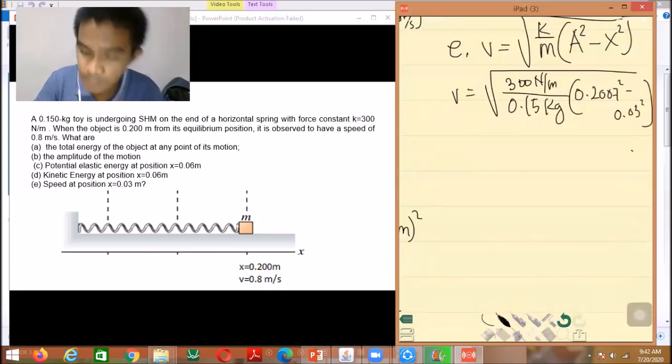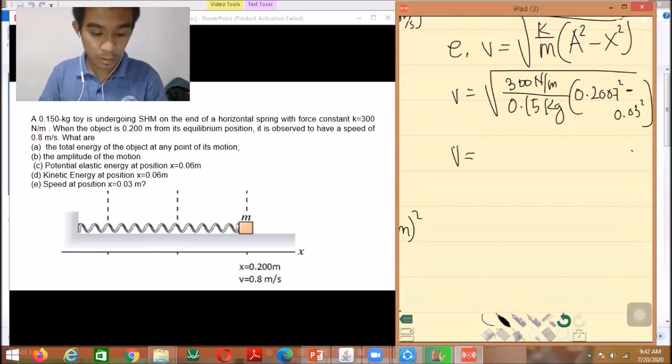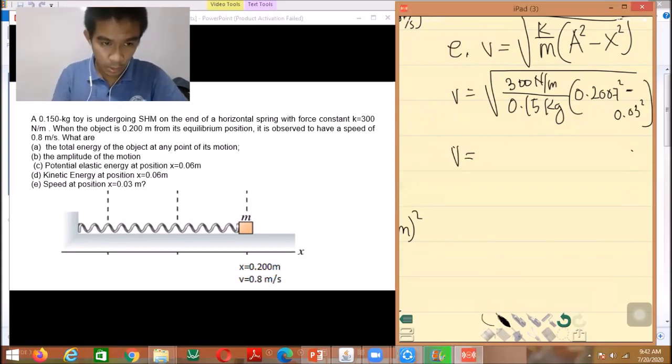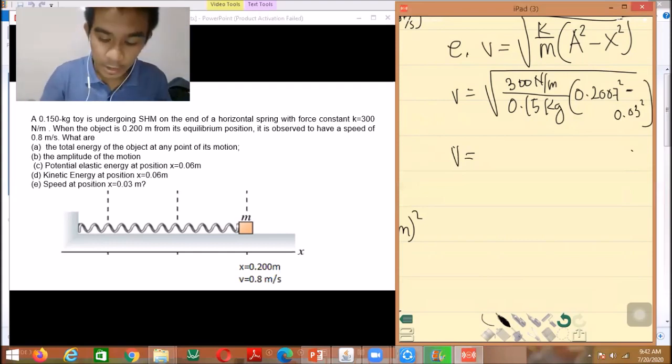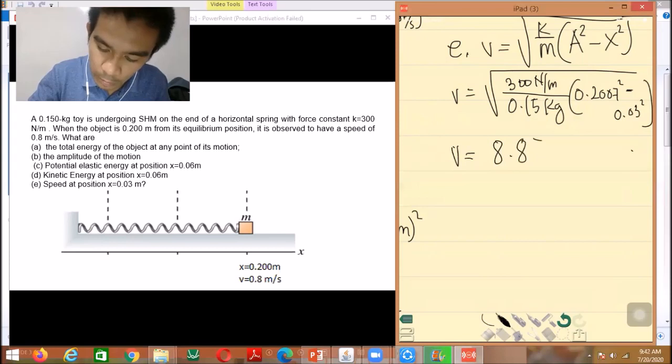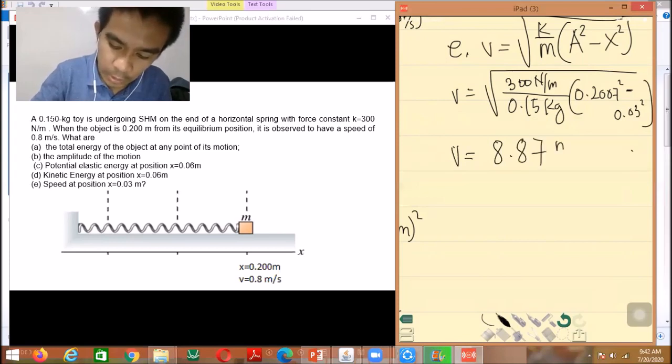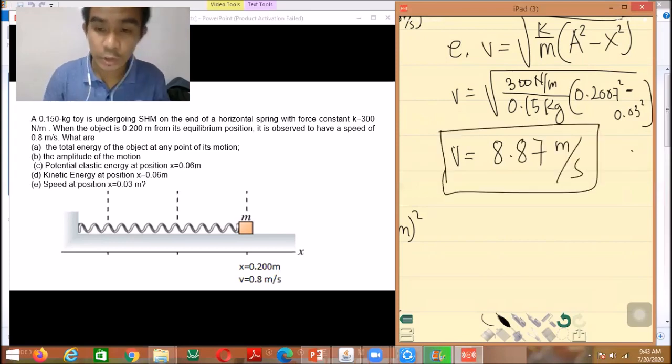Then the speed at position 0.03 meters from equilibrium is 8.87 meters per second.